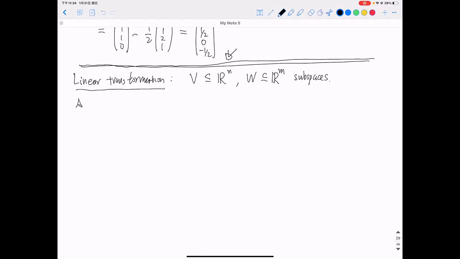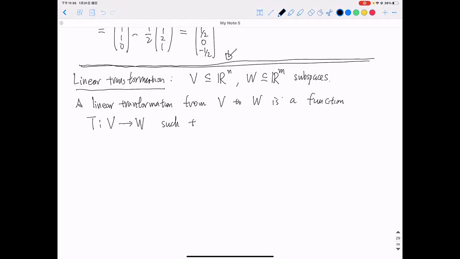A linear transformation from V to W is a function, let's call it T, that goes from V to W. So everything in V is sent by T to something in W. It is a function such that two properties hold.